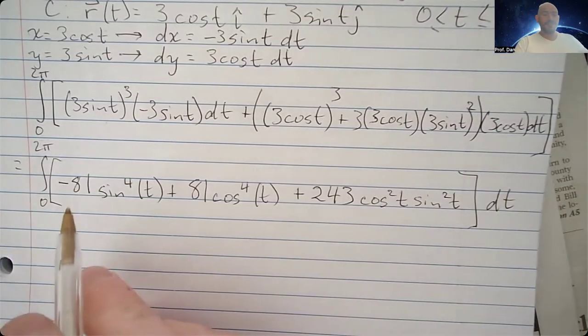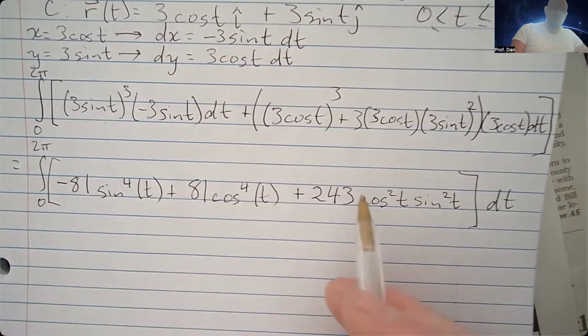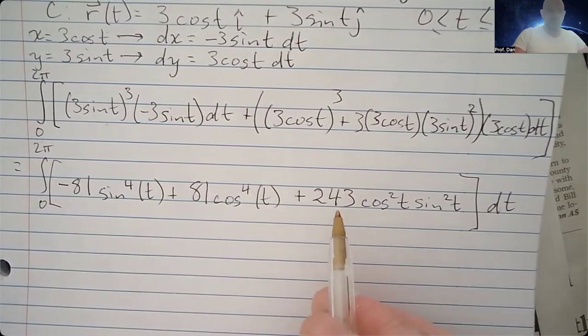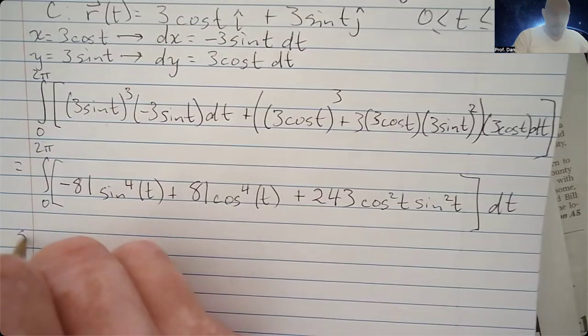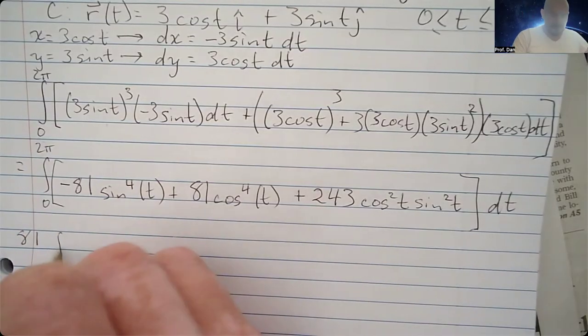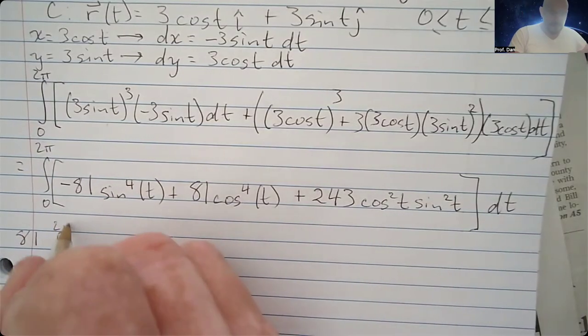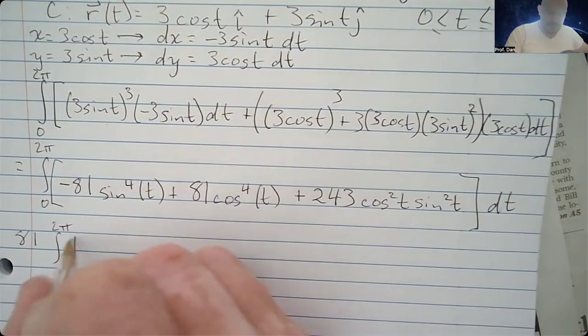So the first thing I noticed is that every coefficient in here is a multiple of 81. So I'll factor 81 out. So I have 81 times the integral from 0 to 2 pi.